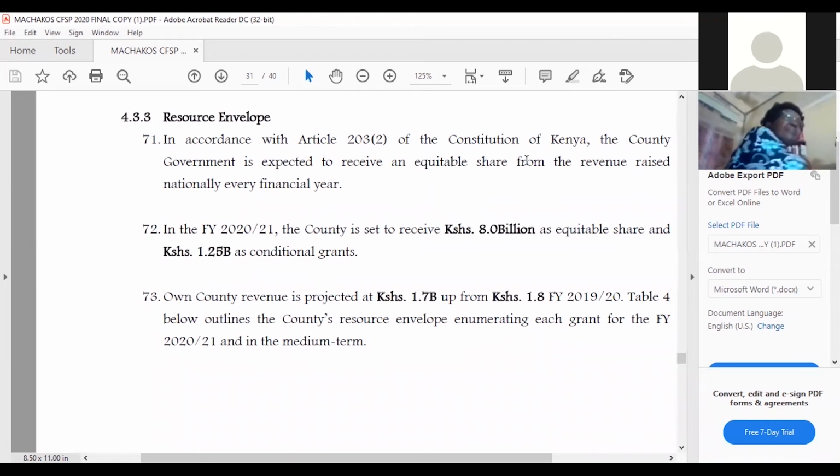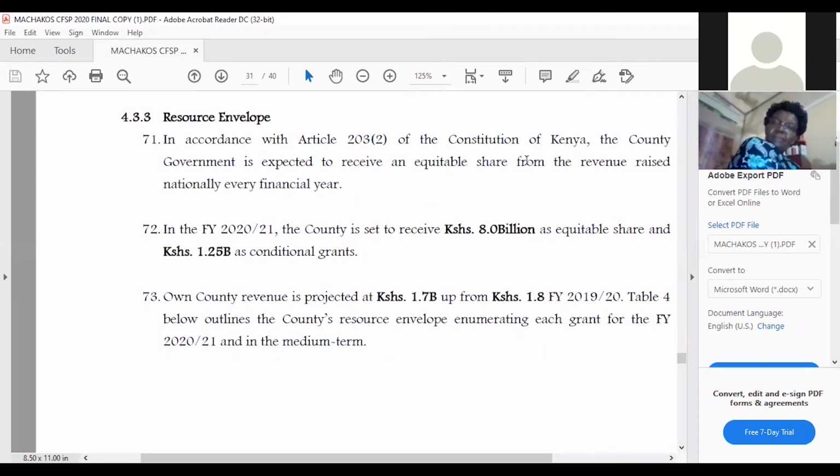There was the first formula which was developed by the Commission for Revenue Allocation, and then there was also a second, and then there was the proposed third. But people fought against the third revenue formula, saying that different counties are going to suffer. So now they said, let things stay as they are. So it's like they are following the second formula with regards to equitable share, how much money should come to the counties.